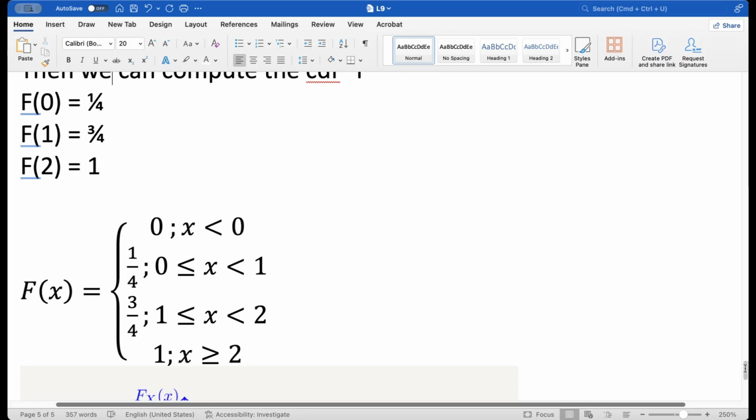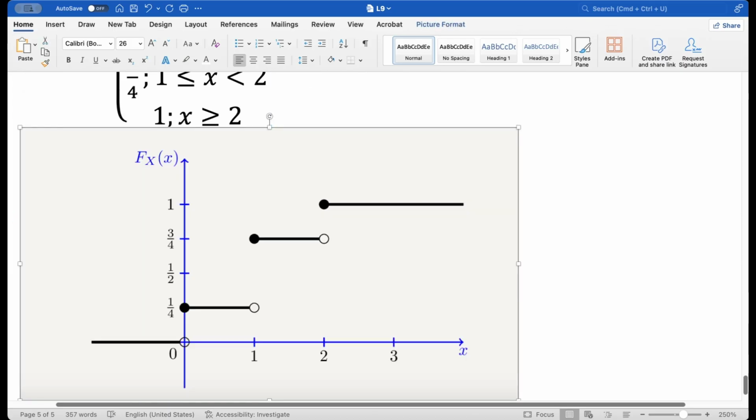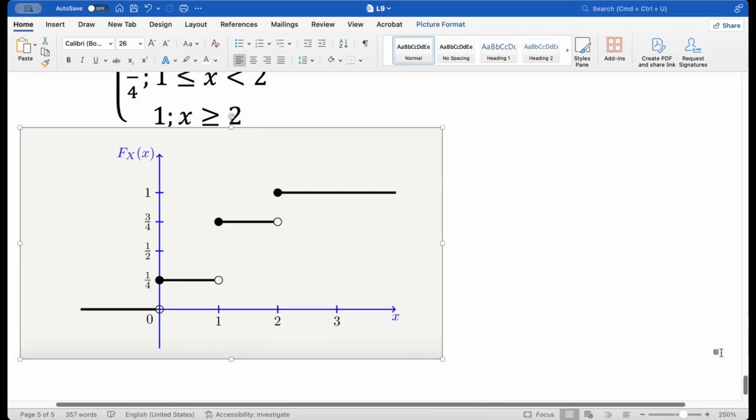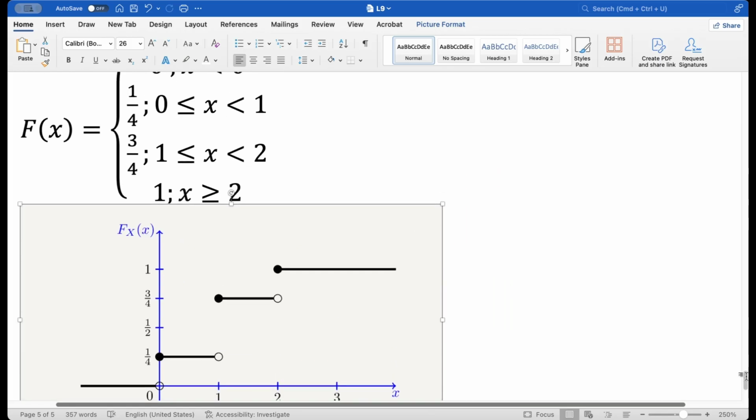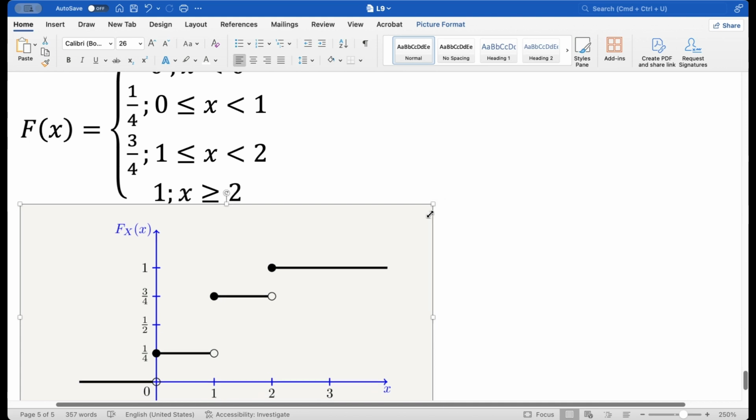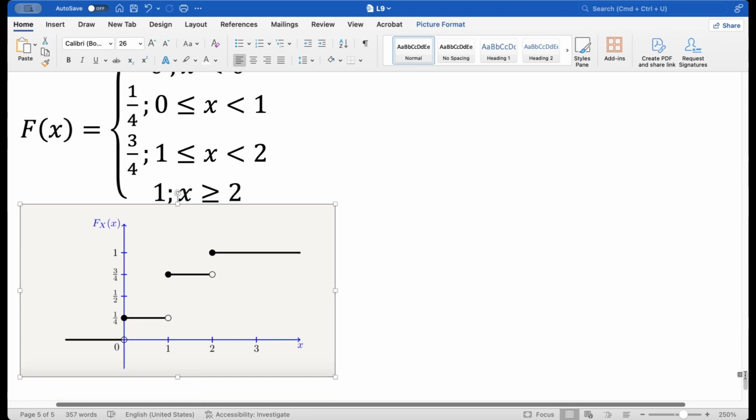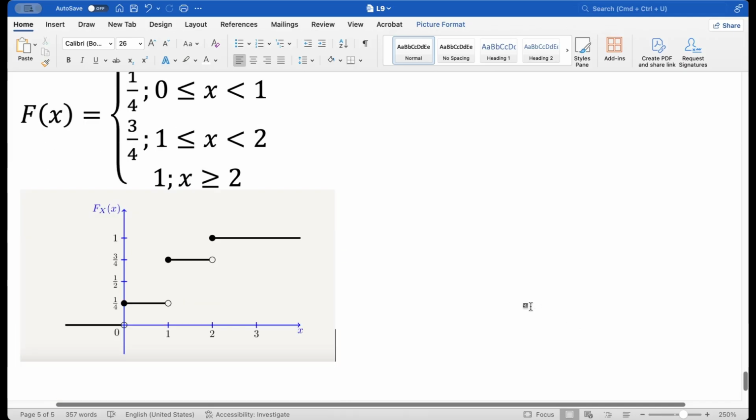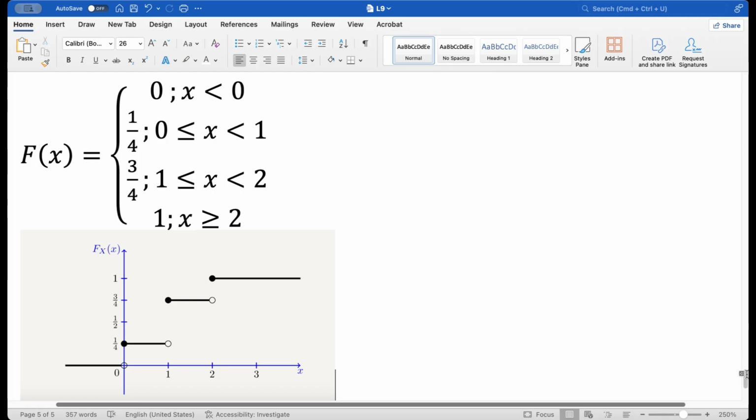Again, it's a running total. The probability that X is less than or equal to x. So it's the current probability and all the previous. And here is a graph of the situation. So for anything less than 0, the probability is 0.